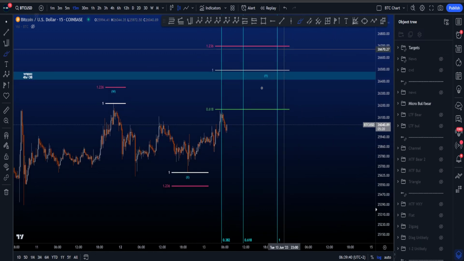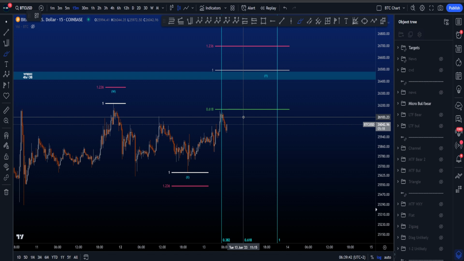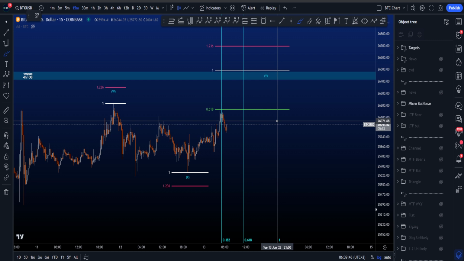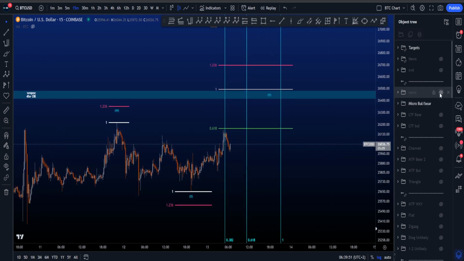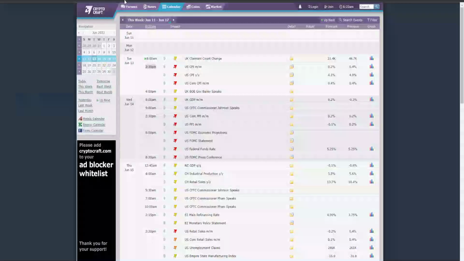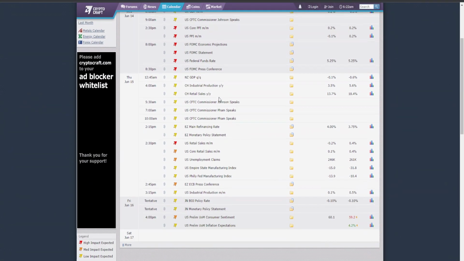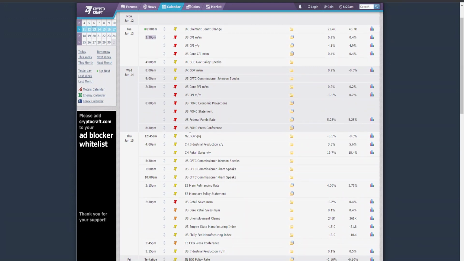Now the wave Y, the 0.618 FIB time is at basically 11 a.m. this morning, and the 1-to-1 is at 9 p.m. today. And inside this time period, we also have some news. So if we go to the news, we have a crazy week coming up, right? Actually starting today. You see all the red flags.